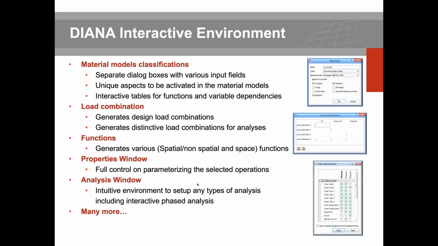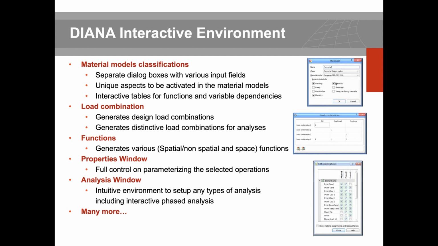For material model classification, we have separate dialog boxes with various input fields for every material model. Unique aspects can also be activated in the material models. As you can see here, the aspects to include, you can just check on, check off. Interactive tables for function and variable dependency are also available.